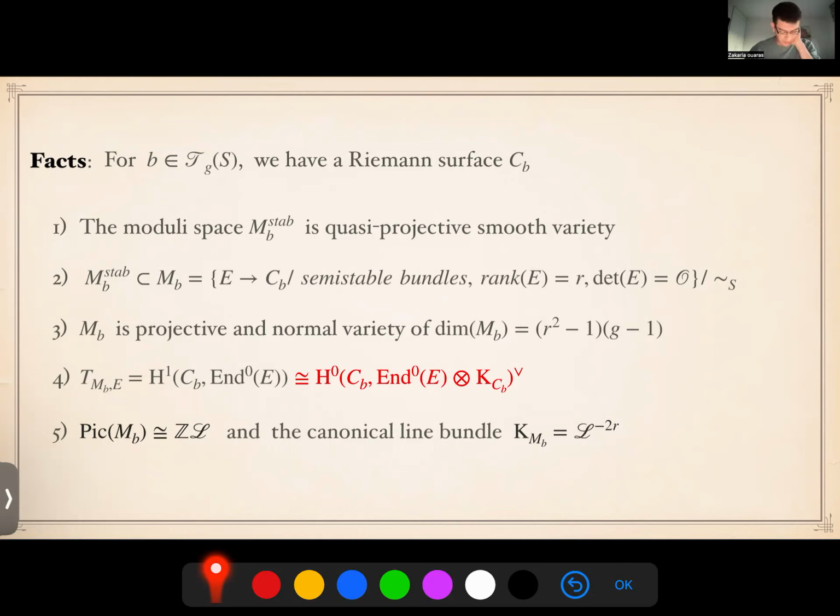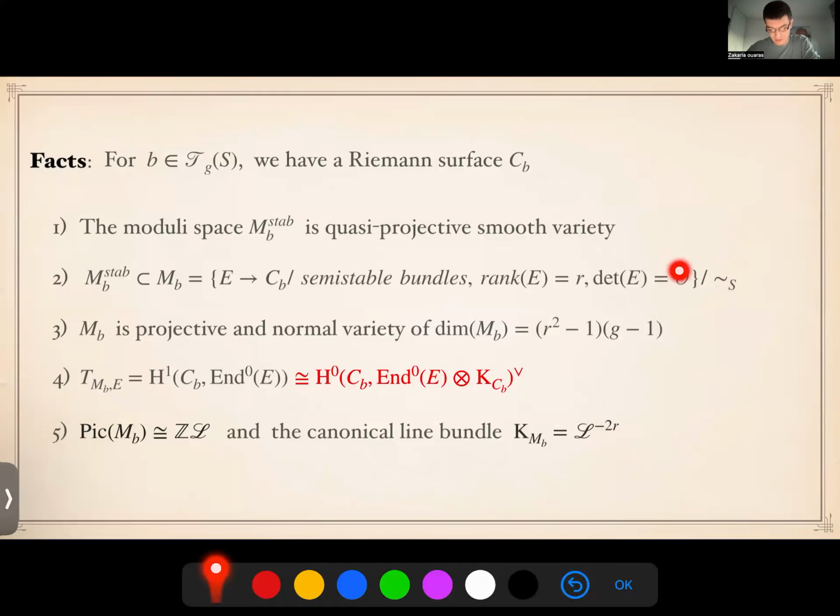I will not give the definition here, but it depends on the degree or on the determinant that you fixed and the rank. Another remark, if you change here the trivial line bundle by any line bundle L of fixed degree d, the canonical will be the generator to the power of -2 times the GCD between the rank and the degree. So r here can be seen as the GCD between the rank and 0.